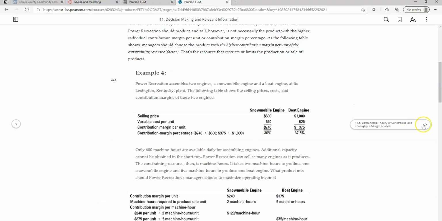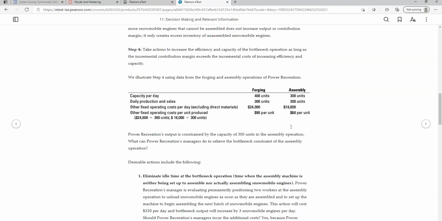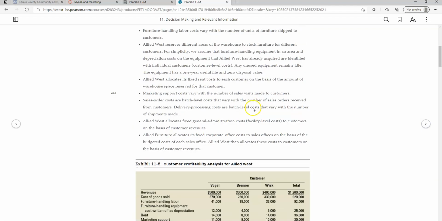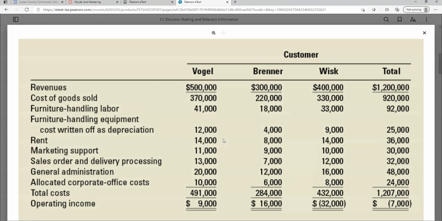Let's go to this analysis here. This is the next one. Here we go. We see the customer profitability for the company, and what's going to be an issue here is not Vogel, not the customer Brenner, because each one of them produces positive operating income.